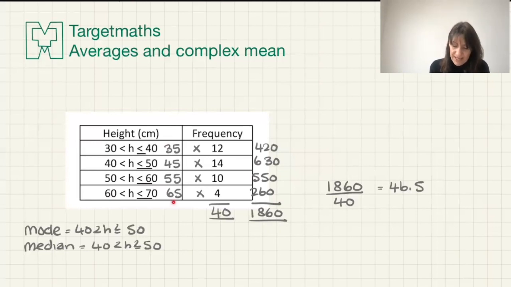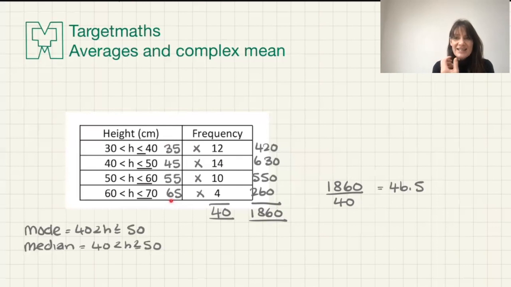What we're doing here, when we take the midpoint and we take that fair representation of the class, we are technically estimating at this stage here. I'm suggesting that there are 465s in this data, which isn't necessarily true, is it? So that's what makes it an estimated mean and not a real, true, perfect mean.